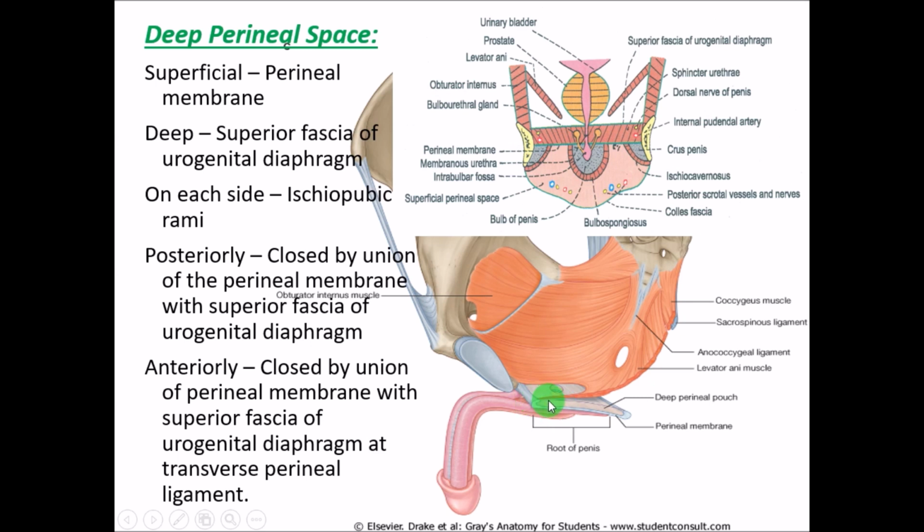So it is totally a closed space. Okay, deep perineal space is a closed space, but the superficial, as we saw, posteriorly it is closed but anteriorly it is open. Okay, clinically this is important.